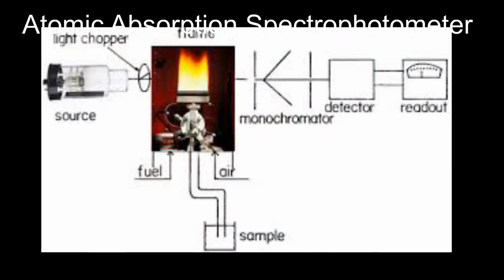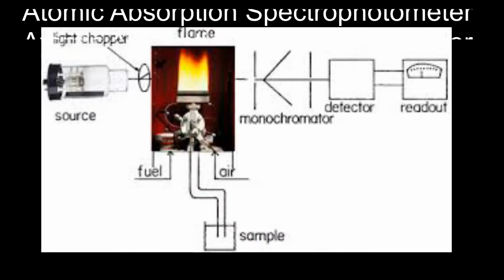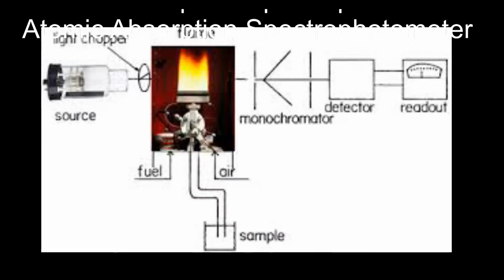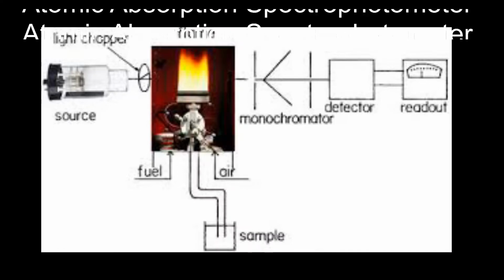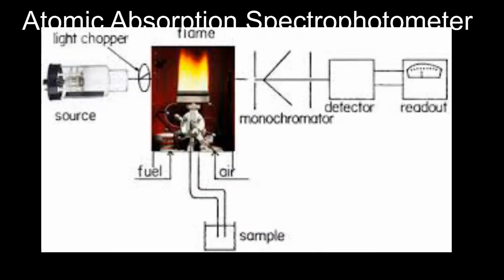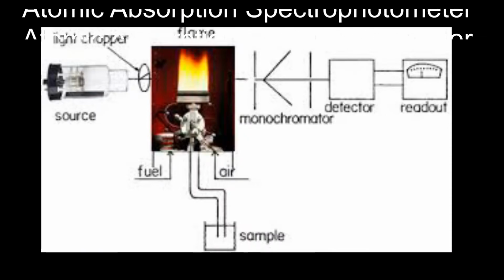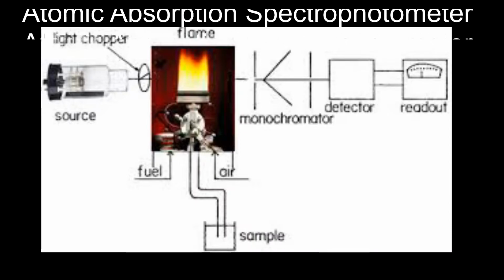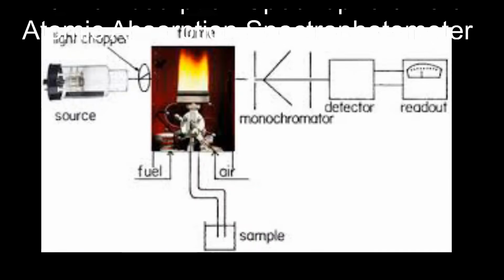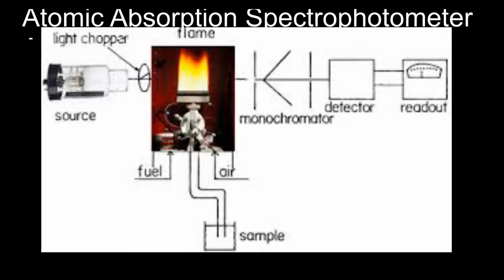Now coming to the working of an AAS. So we have seen how the source, that is the hollow cathode lamp, is useful in producing wavelengths characteristic of the element. The next important component of the AAS is the chopper.